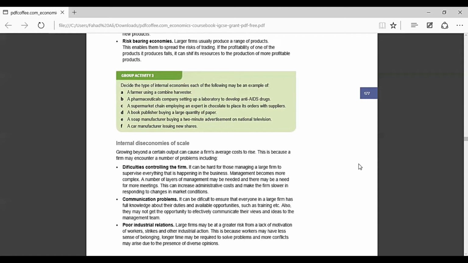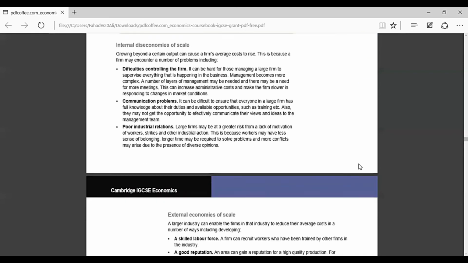If Samsung is incurring a loss in maybe laptops, it would be compensated by the air conditioner sale. It could be compensated by the sale of washing machines or LED televisions. So this is termed as risk-bearing economies, where if one of the products goes in loss, it will be compensated by the other products of that company.